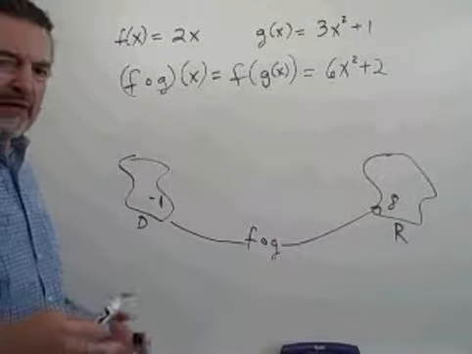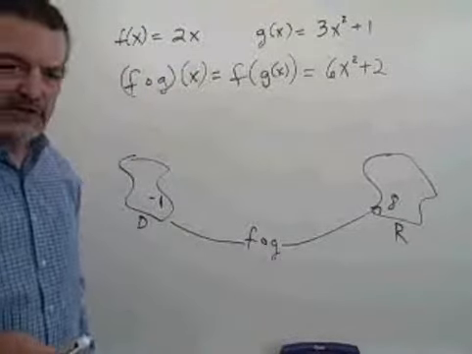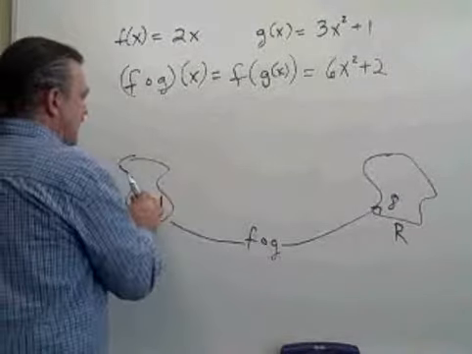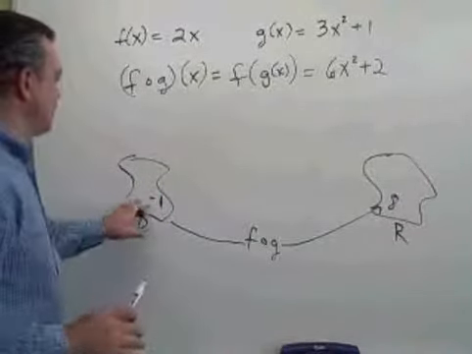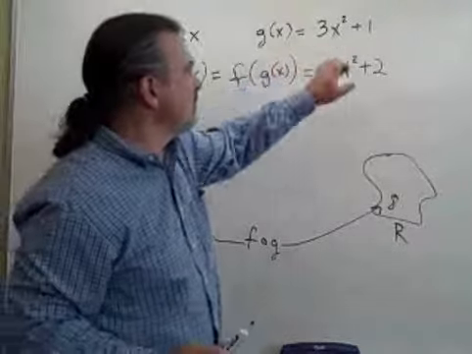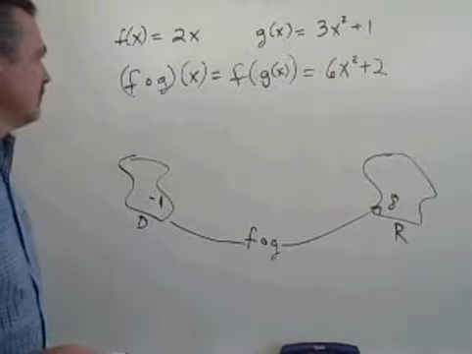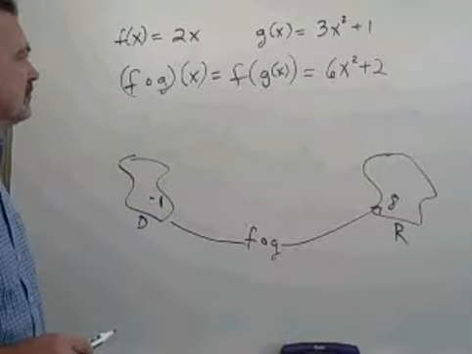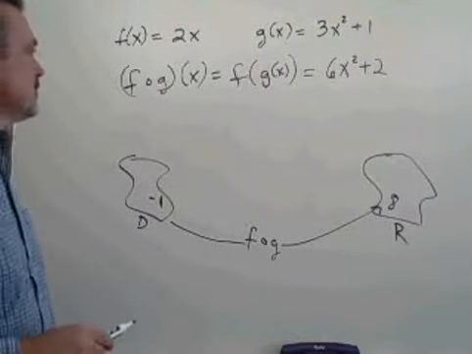But watch how that relates to the two original functions that we had. -1 is a legitimate domain value for the function g of x, isn't it? g of x is a quadratic function. Its domain would be all real numbers.